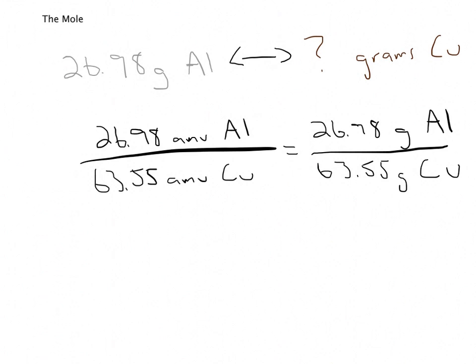So you can probably imagine that this ratio extends to all elements, right? If we're looking at aluminum and copper, and this is the mass of each atom, then it would make sense that 26.98 grams of aluminum would be the same as 12.01 grams of carbon.